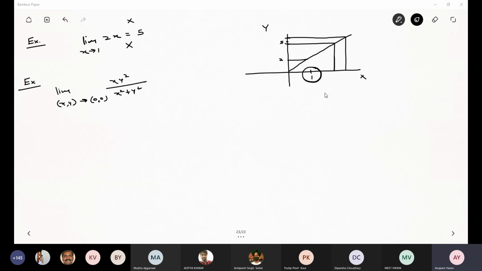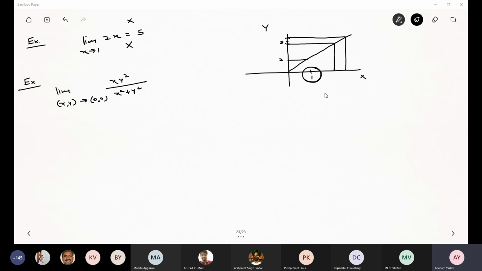Take the general scenario, limit x tending to a of f(x) equals L, but we do not know the value of L. Okay, but we know that the limit exists. Listen to my question carefully. I have an example, limit x tending to a of f(x) equals some unknown value L, which I do not know, but what I know is that this limit exists.